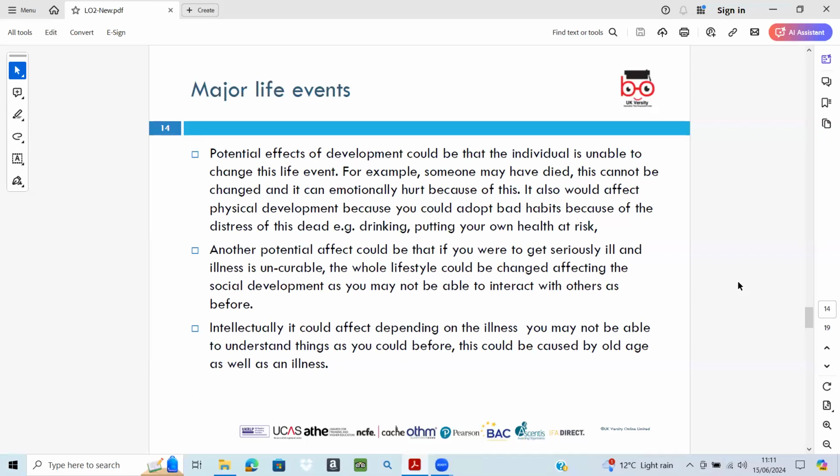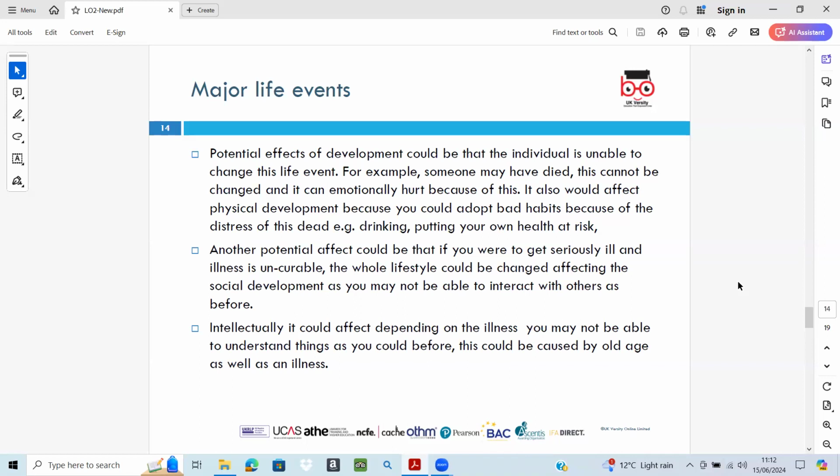Depending on the illness, cognitive function may be affected, leading to difficulties in comprehension, memory, or problem solving. We can take the example of an Alzheimer patient. Alzheimer's disease can impact intellectual abilities, leading to challenges in learning, memory retention, and decision making.